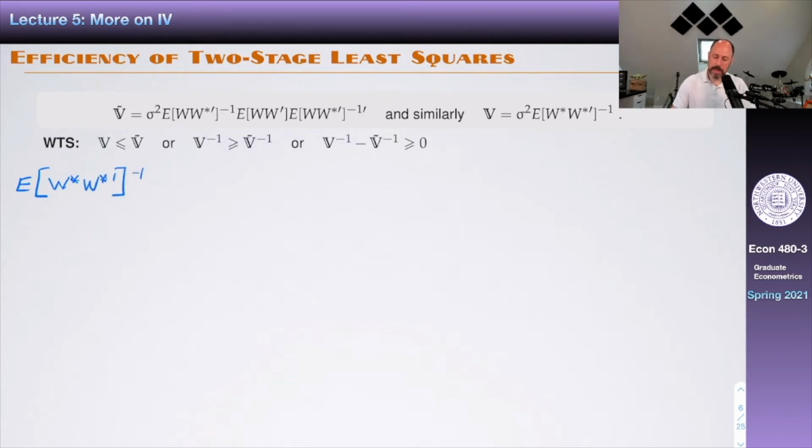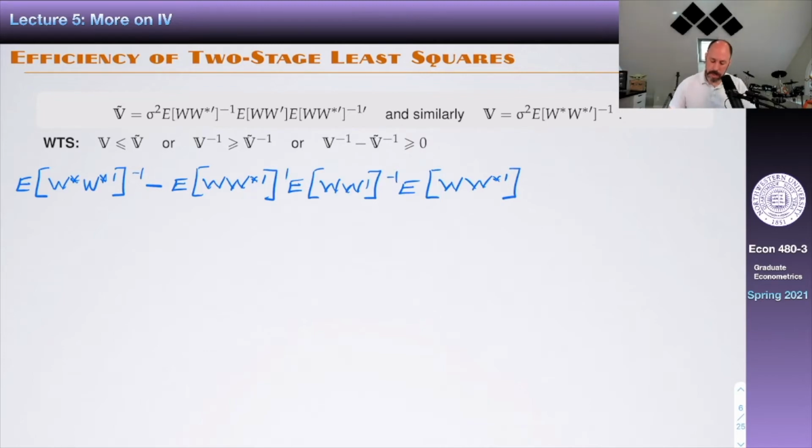This is B inverse. And now I'm going to subtract B tilde inverse, which is the expected value of W star prime, expected value of W prime inverse, expected value of W star prime.